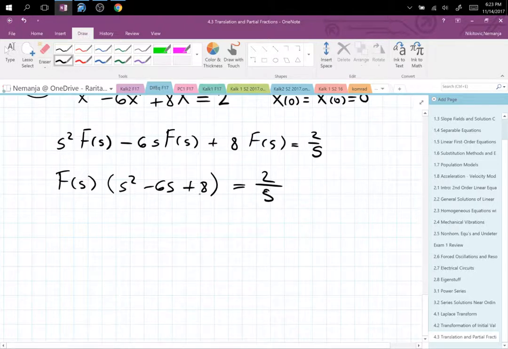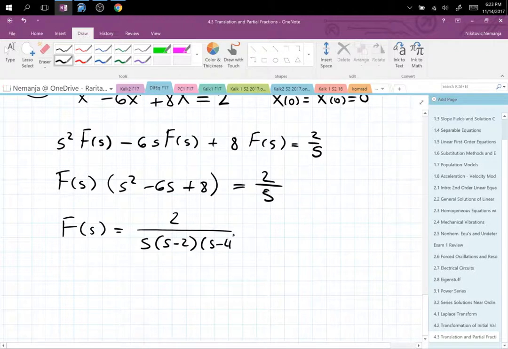Minus 2, minus 4. So f of s is 2 over s, s minus 2, s minus 4, right? When you factor it. And now you crank partial fraction decomposition.